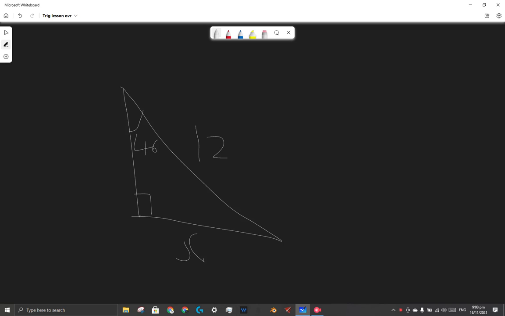Okay, so first of all, let's get into the working out. We have our opposite, we have our hypotenuse, so opposite over hypotenuse is sine theta. So sine of 46 equals opposite over hypotenuse, which is x over 12.